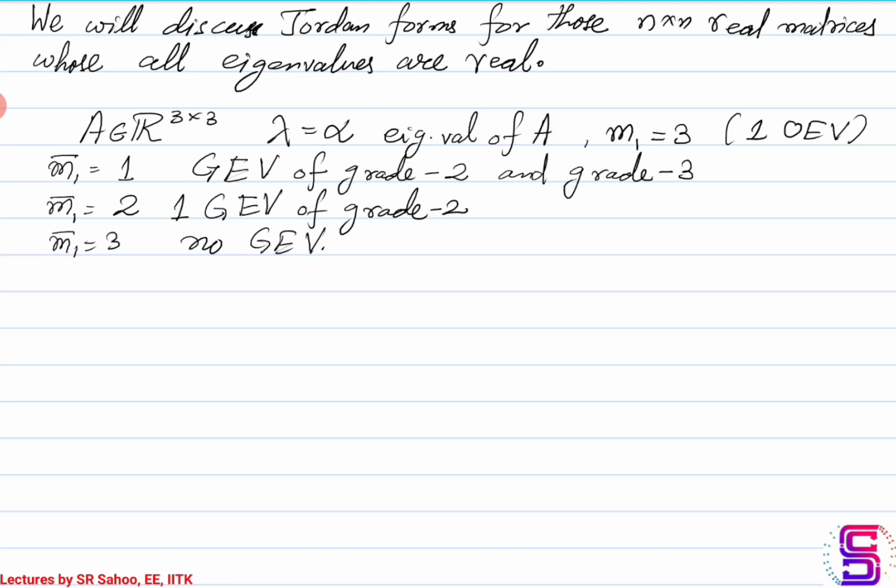Okay, the generalized eigenvector definition that I had said was what? That (A minus lambda I) to the k times v is equal to 0 and (A minus lambda I) to the k minus 1 times v is not equal to 0.